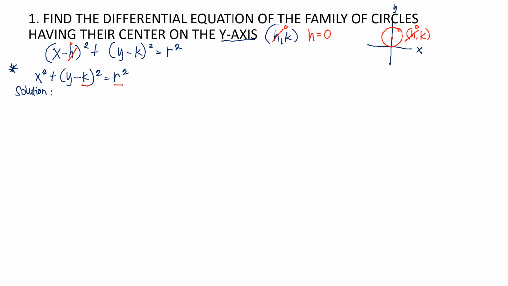Okay, so we can now have our first differentiation. x^2 becomes 2x, plus 2(y - k) multiplied by y'. And r^2, r is a constant, therefore its derivative is 0. So this is now our first equation. We just simplify: 2x + 2y y' - 2y' k = 0.